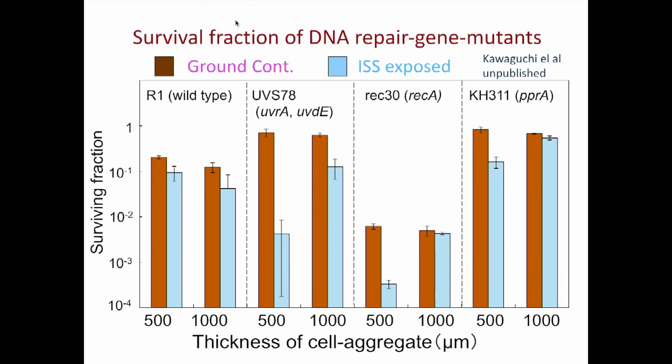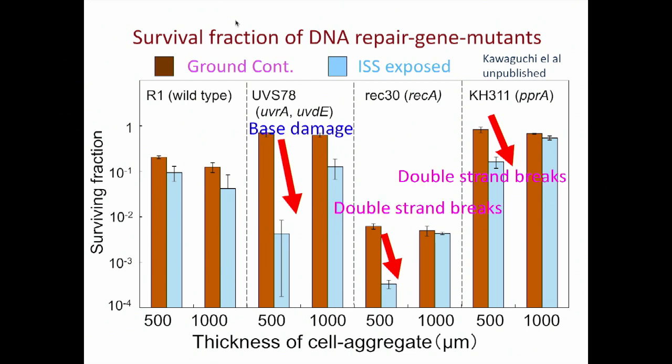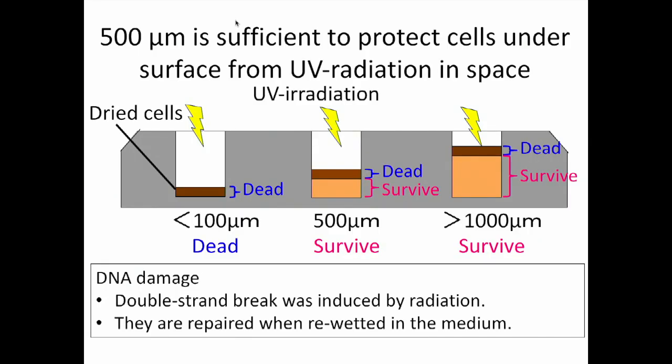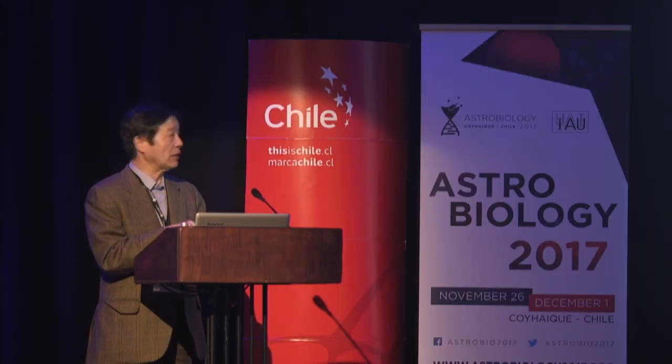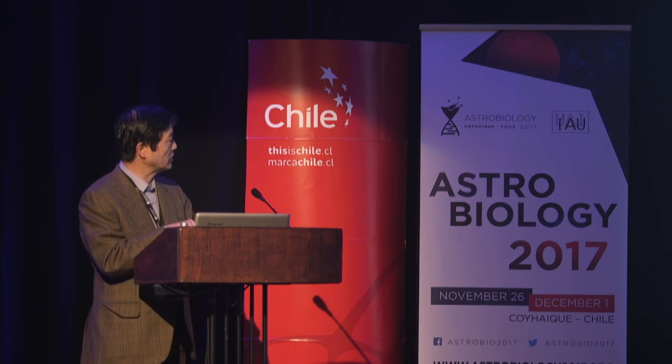But if the mutants are exposed to the space and comparing with the ground control, the survival rate was significantly lowered, indicating the repair system is important, and the 3 of the important repairing system is important for survival in space, and suggesting the base damage is occurring and double-strand breaks are occurring unless they are repaired afterwards.